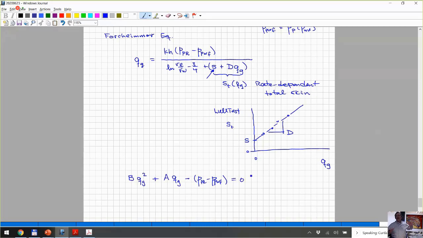It can be written as a quadratic equation in rate. I'll let you do the algebra, but that's basically it. So this A has the KH and the skin term, and the B contains this D term.